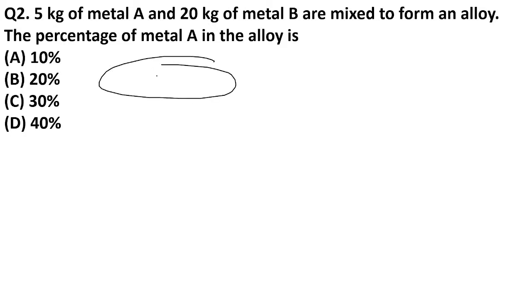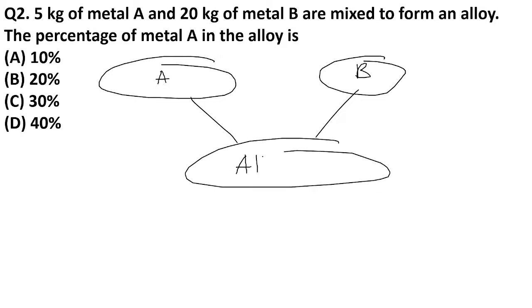If metals of different properties are mixed together, they form an alloy. Basically, an alloy is nothing but a mixture of two or more metals. Similarly, here metal A and B are mixed together to form an alloy. So metal A is how much? 5 kg.